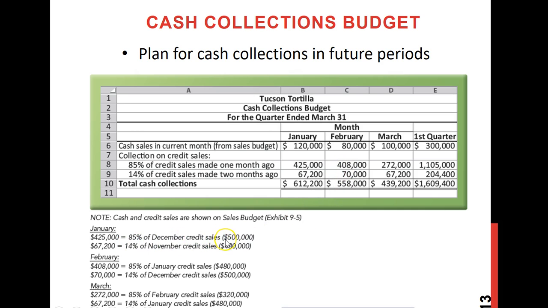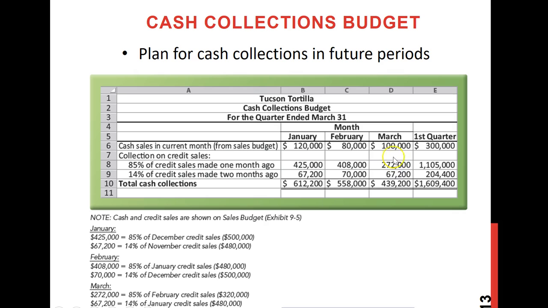If you check, January's credit sales was 500,000, so 85% will be collected here, which is 4.8 (hundred thousand), and then 14% of the sales that were made 2 months ago, that means 14% of December's credit sales. And this is how they will list their February budgeted collections.